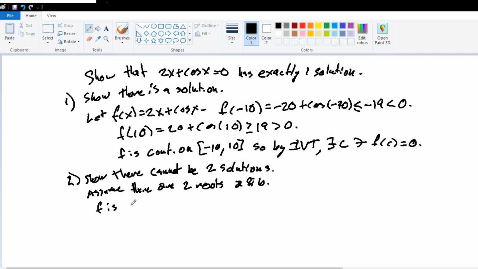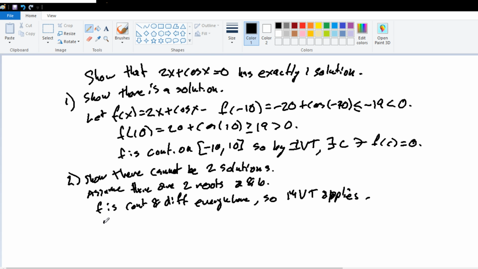F is continuous and differentiable everywhere. So, mean value theorem applies. What does that say?